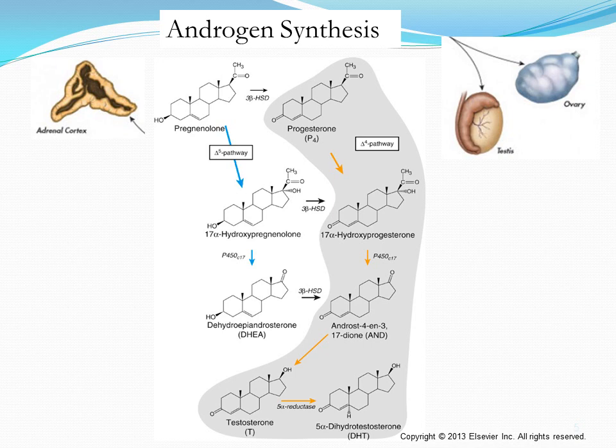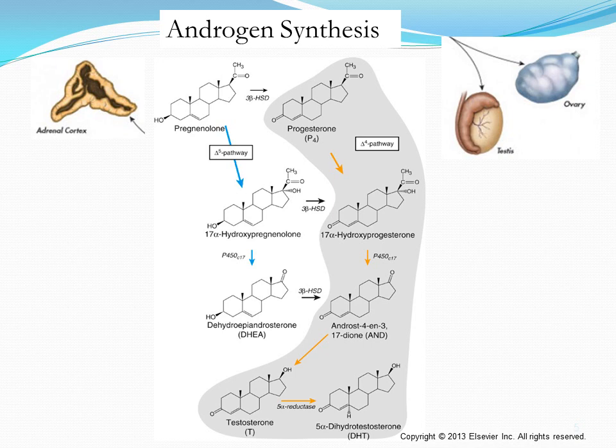Now, the production of what are known as androgens, the most common of which you're probably familiar with as testosterone, occurs in two different places. We've got the adrenal cortex, and in one layer of the adrenal cortex, we have androgen synthesis, and usually what you end up with is DHEA.